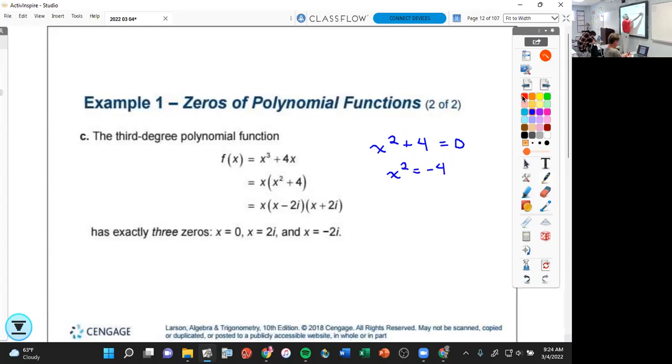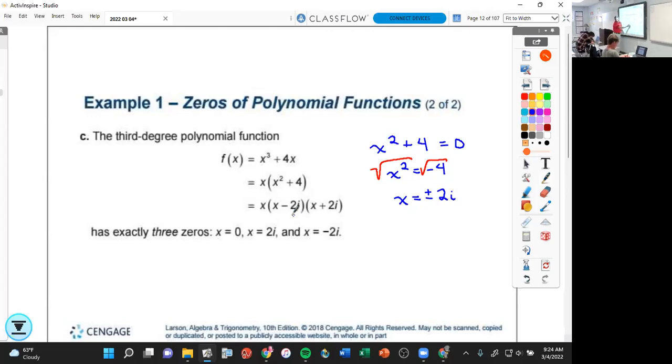Next step, take the square root of both sides. What is the square root of x squared? X. What is the square root of -4? Plus or minus. The square root of -1 is i. The square root of 4 is 2, so 2i.